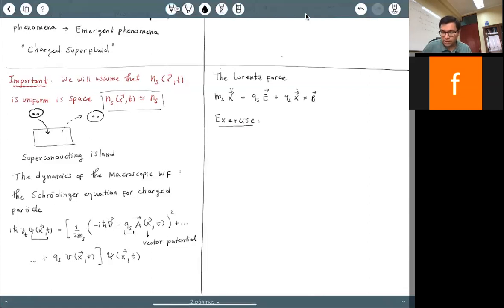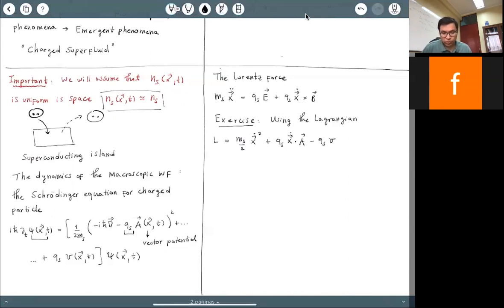So if you use this, we have a Lagrangian description. The Lagrangian that we use is m_s over 2, this is the kinetic energy, plus q_s, the velocity times the vector potential, minus q_s, the scalar potential.